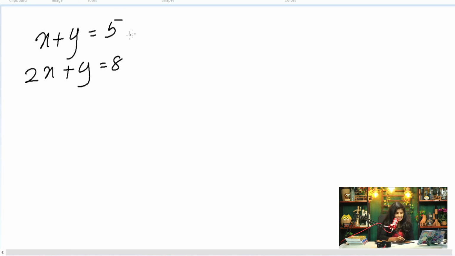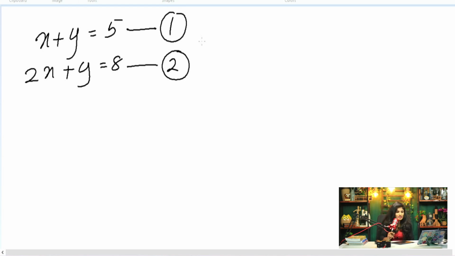Okay, so I will name my first equation as number 1 and my second equation as number 2. Now, I want to simplify these two equations to take only one variable, so I have to eliminate one unknown term.